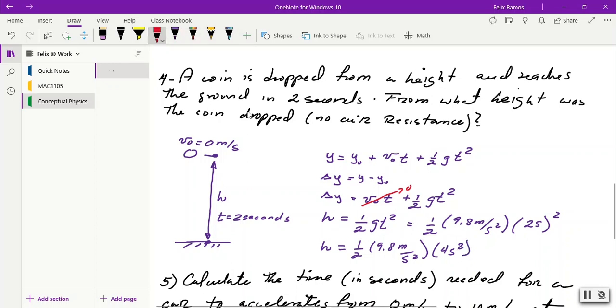The seconds squared cancel out here, so our output unit would be in meters. So this would be 9.6 meters. If it took 2 seconds for the coin to reach the ground, it is because the height at which we dropped the coin was 9.6 meters.